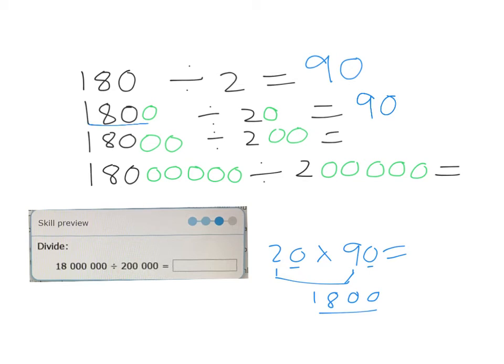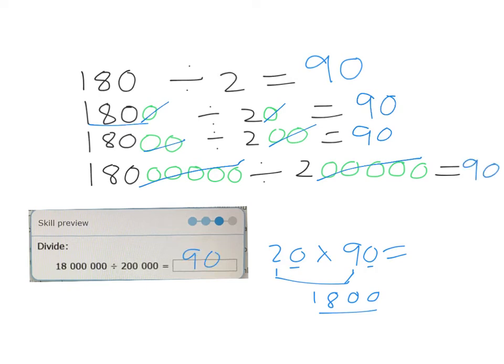So this one, 18,000, 180 and these 2 extra zeros divided by 2 and the 2 extra zeros, or 18,000 divided by 200, is still going to be 90, because these cancel out. So 18 million divided by 200,000 is exactly the same question we answered at the beginning. 180 divided by 2 is 90.